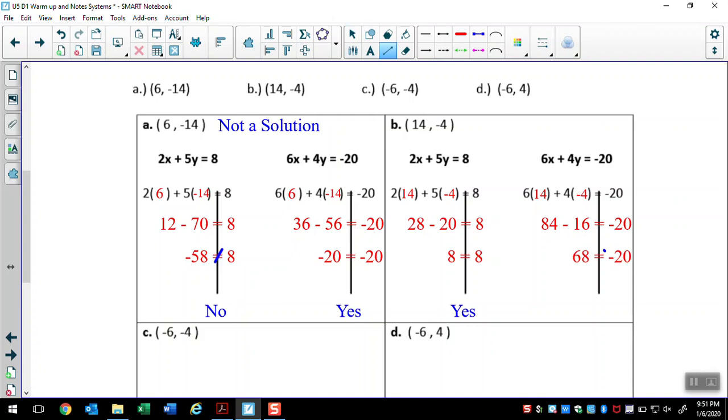So I'm going to put a slash through that equal sign to show that they're not equal. That ordered pair does not work for this equation. So since the ordered pair does not work for both of them, it cannot be a solution.